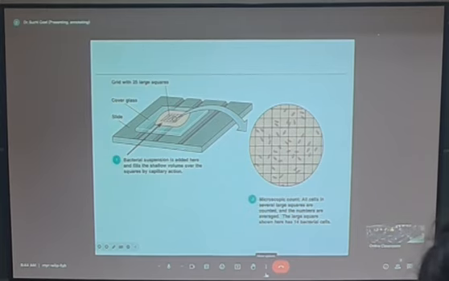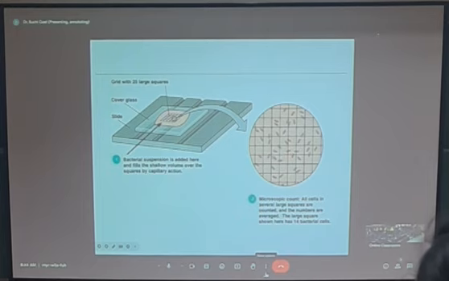You can count the number of bacteria. For example, I'll count this one square. How many bacteria? 1, 2, 3, 4, 5, 6, 7, 8, 9, 11, 12, 13, there are 14 bacterial cells in this one square.